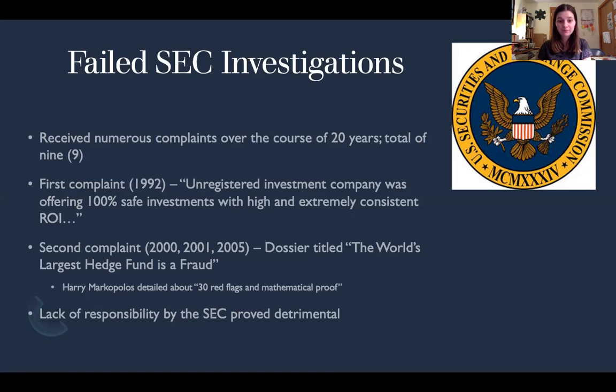The second complaint actually was a dossier that was titled "The World's Largest Hedge Fund is a Fraud." This was created by Harry Markopolos, who was a portfolio manager for an equity derivative asset management firm in Boston, I believe. He sent this dossier into the SEC 3 times, first in 2000, 2001, and then 2005.